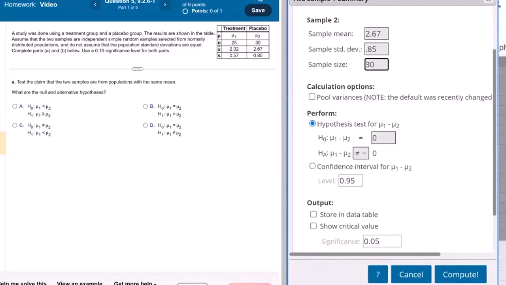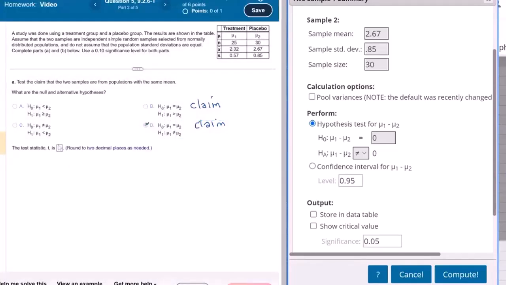We know that the null hypothesis always has to be that they're equal. What's the claim? That the two samples are from populations with the same mean. My claim is that they're equal. My alternative would be that they're not equal. That's a two-tailed test. I click that and check.